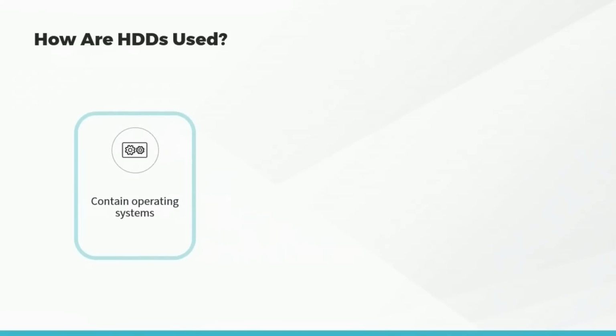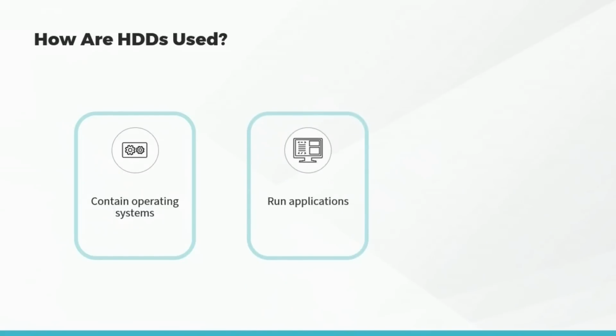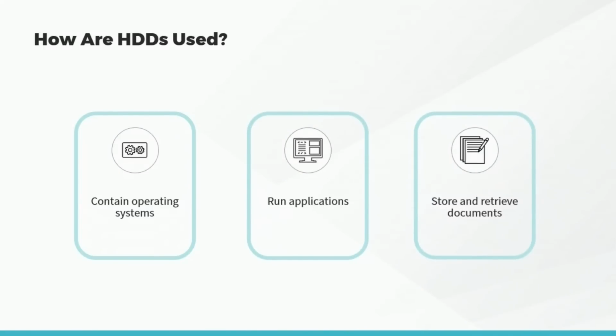So then, what does it mean to say that they store all the data of our systems? Well, exactly that. The operating system itself and everything it contains is installed onto the hard drive, as are all of the user applications we run and every document that we create or receive. In earlier presentations, specifically when comparing storage to memory, I've often likened the hard drive to a file cabinet because it contains every file, whereas memory would be similar to your desk, where you work on only the files you need at any given point in time.